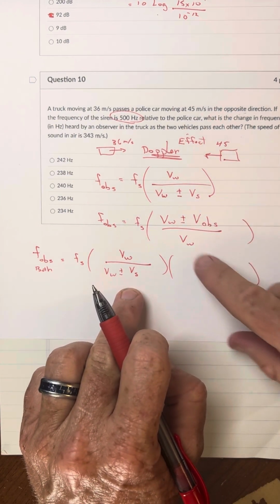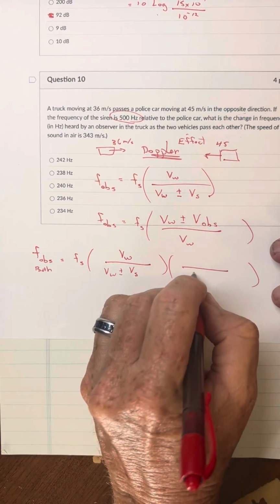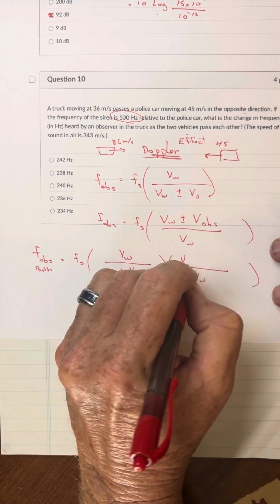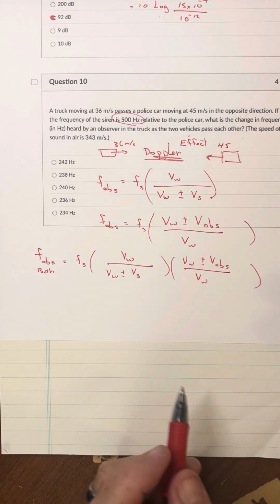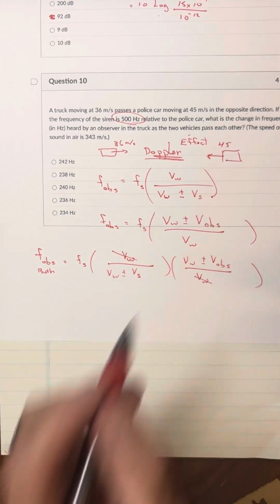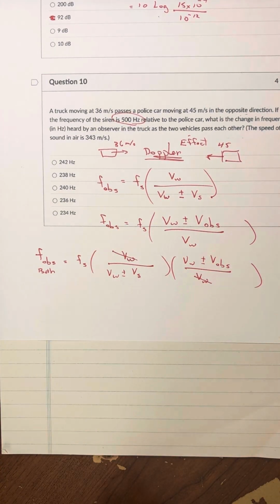And now you have another factor due to the observer moving. And what's nice is putting those two thoughts together, we actually have a simpler equation.